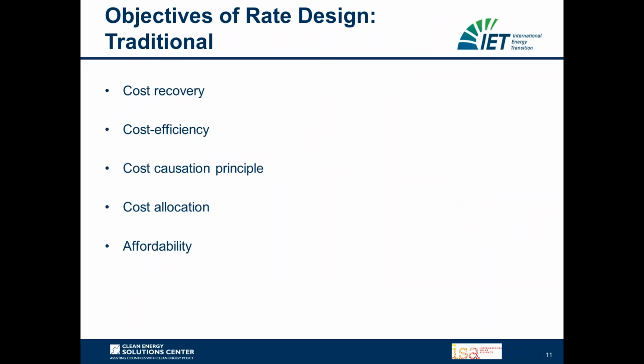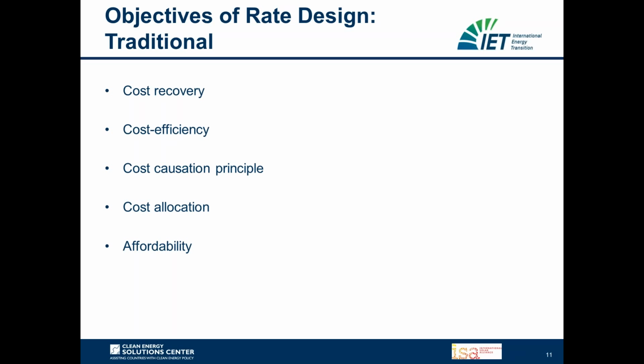Here again is an overview of the traditional objectives related to rate design. First, cost recovery: the utility or the network operator needs to recover all the costs to finance the system. Cost efficiency is, of course, the overarching objective that you do not have an overbuilt system, that you don't have too many transmission and distribution lines, but you create just the right amount of all components of the electricity system in order to come to the least cost scenario.